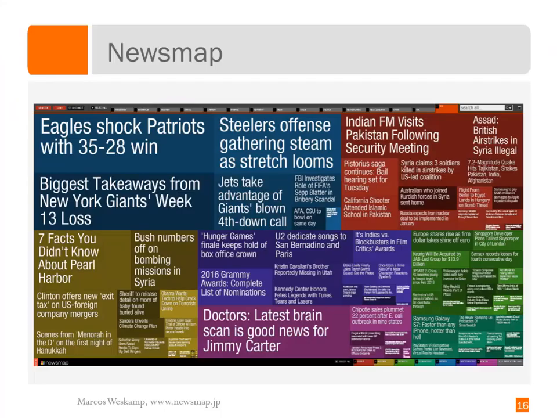So here we have a particular technology, a data visualization called the news map. And the news map organizes different news stories that are going on in that particular day into categories, and then visualizes them in a tree map data visualization based on those different categories.